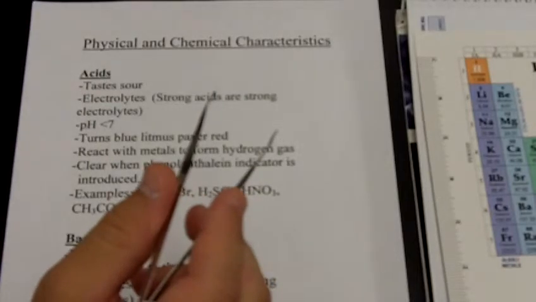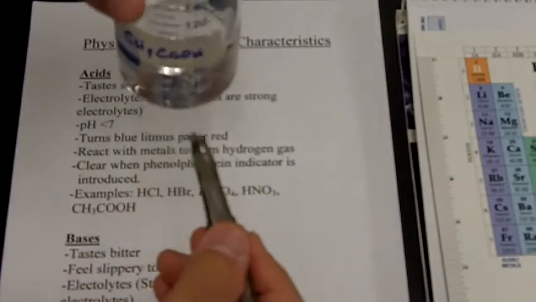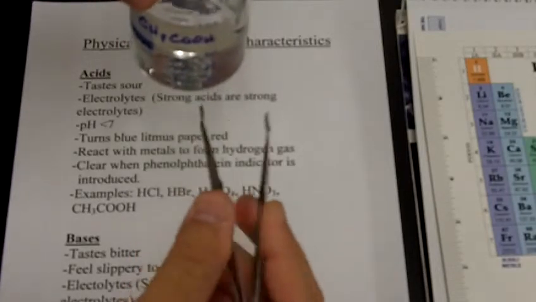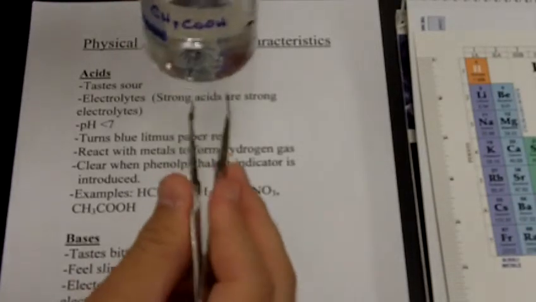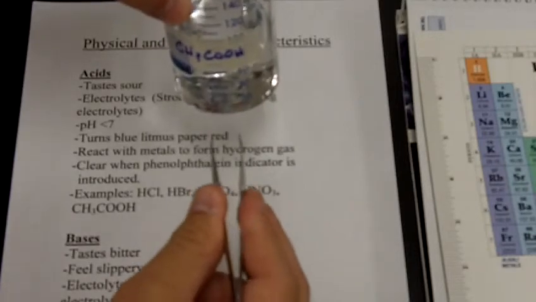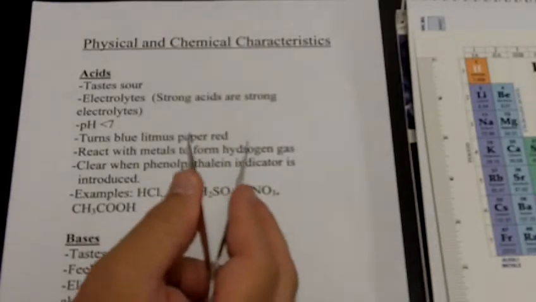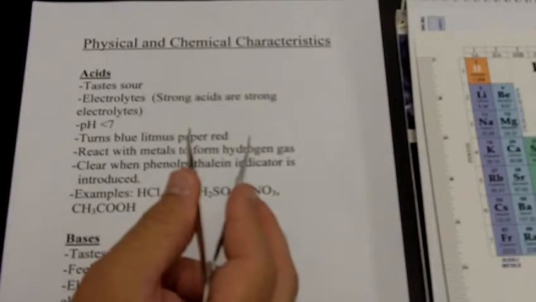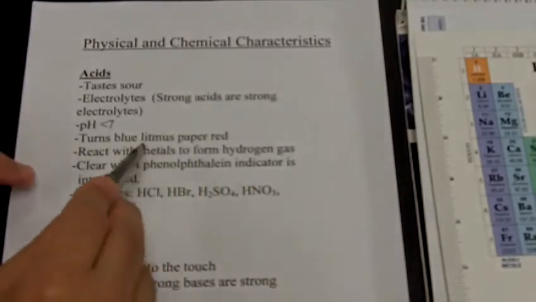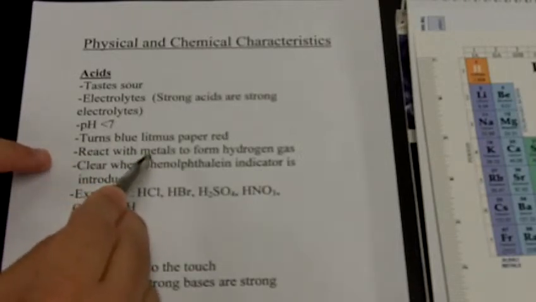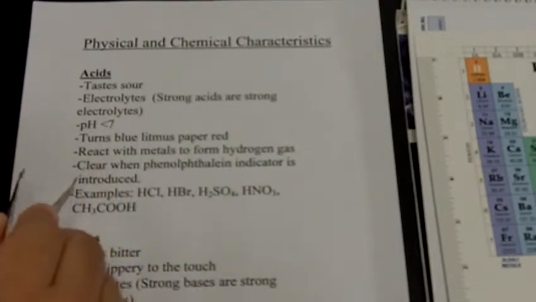I'll put it in the fume hood in just a little while. You may be able to see that hydrogen gas is already beginning to form, okay? At any rate, I'm not sure if you can catch that on the camera, but hydrogen gas is forming. All right, so we now know that hydrogen gas is formed when metals are placed into the acid.